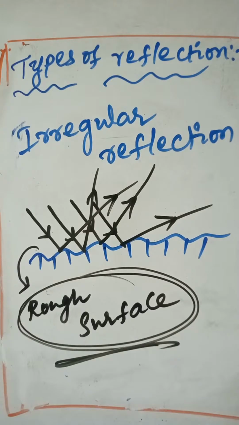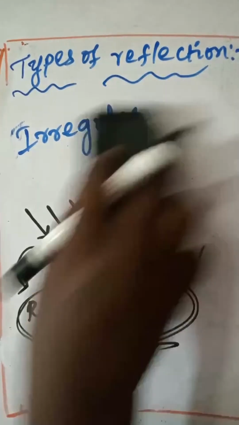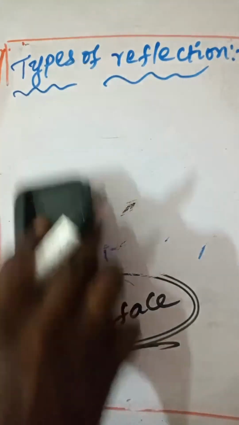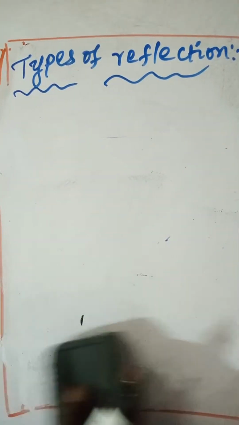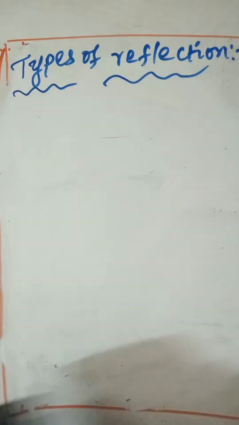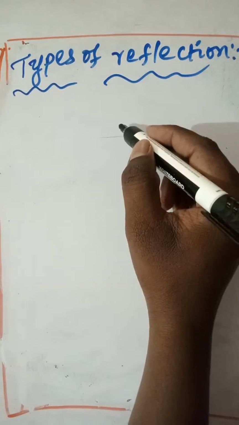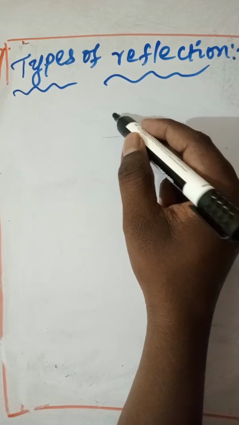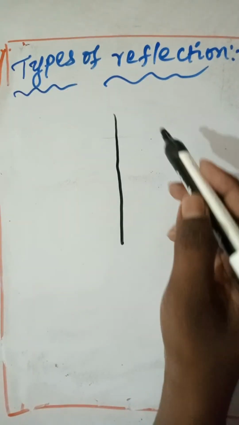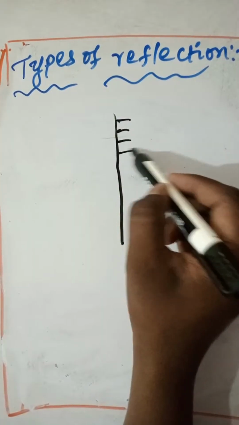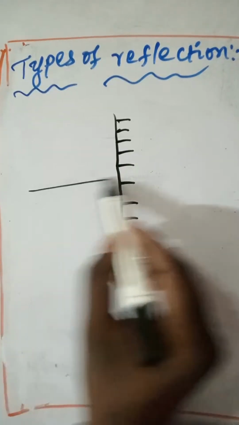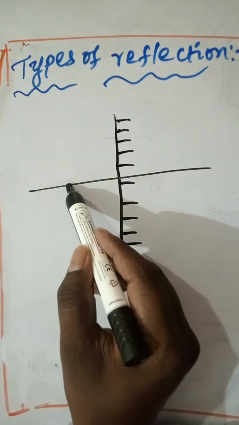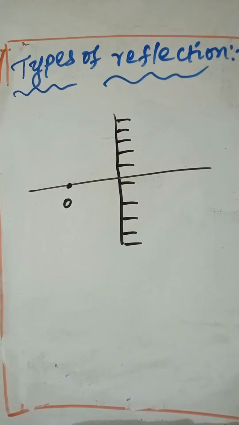Then we'll go to object and image. I'm considering the mirror like this, and here I'm taking the object.